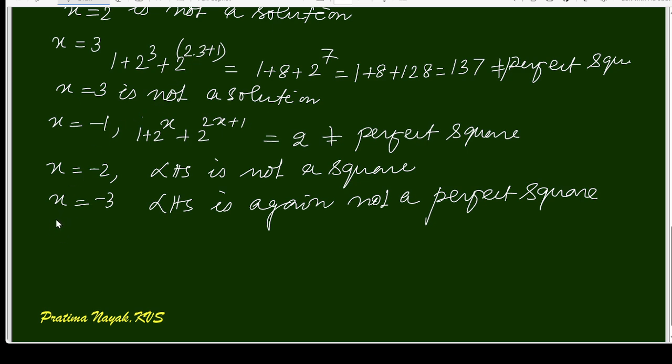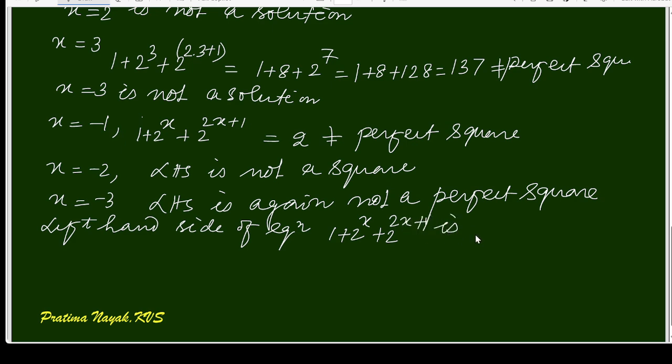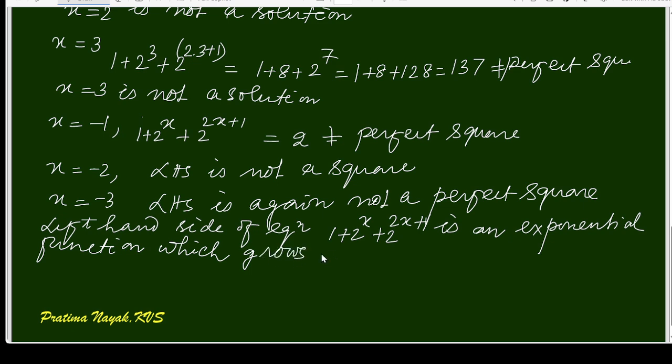The left hand side of the equation, 1 plus 2 power x plus 2 power (2x plus 1), is an exponential function, which grows very fast, faster than any square for large values of x.